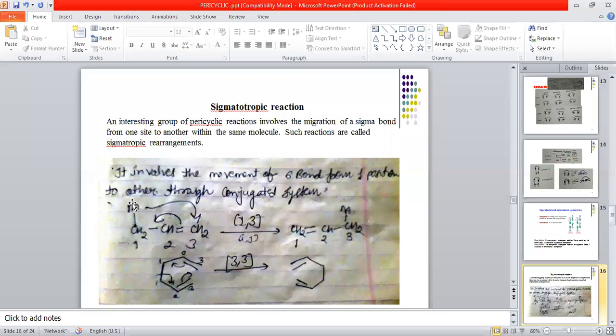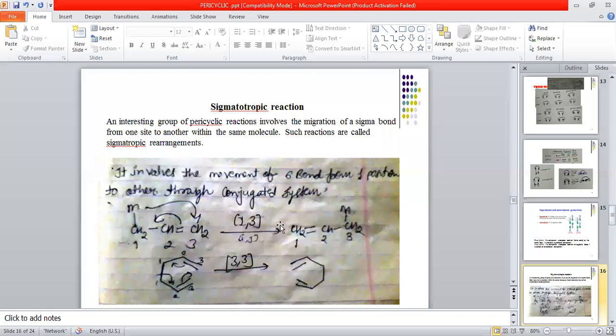Now if this migrating group migrates to the third position, this double bond will shift to this side. Because of the shifting of the group from 1 to 3, M will come to this side, so M-CH2, and the double bond will shift to this side, so there is a single bond and here there will be a double bond. So this is called a 1,3 sigmatropic reaction.